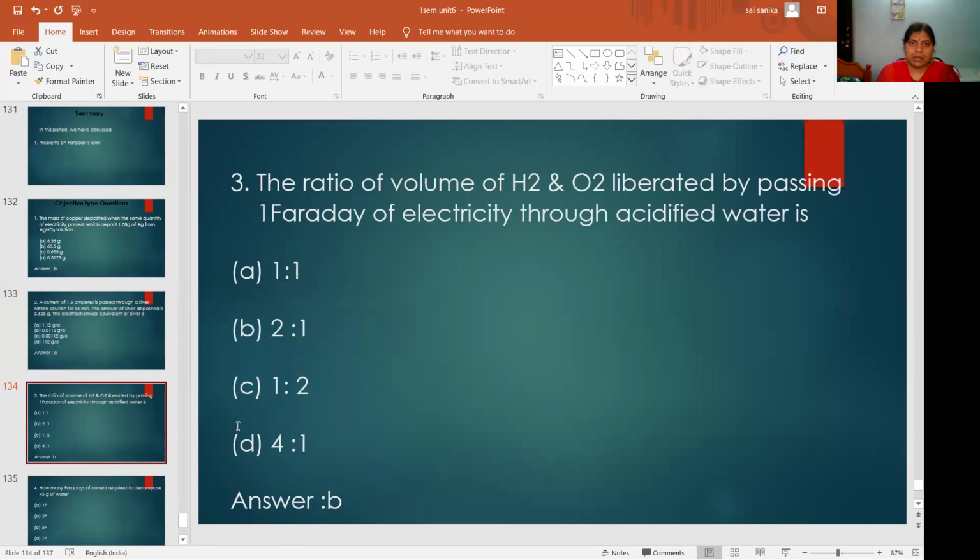The options given are 1:1, 2:1, 1:2, 4:2. When 1 Faraday of electricity is passed, the amounts deposited are their equivalent weights, so the ratio of volumes is 2:1. Answer is B.